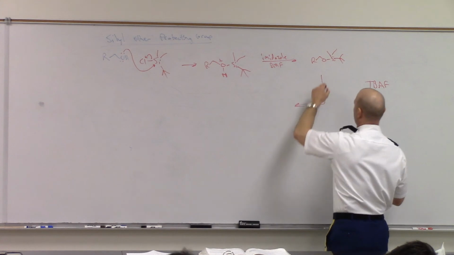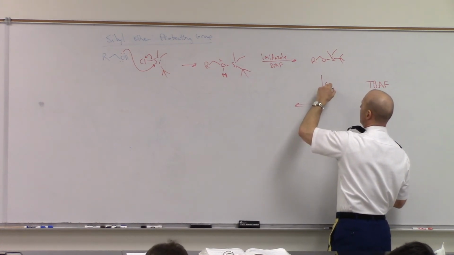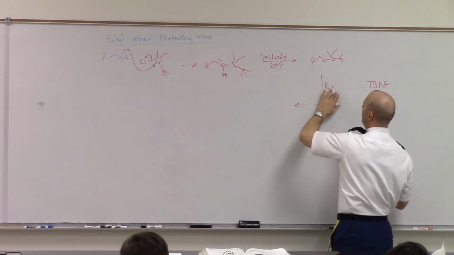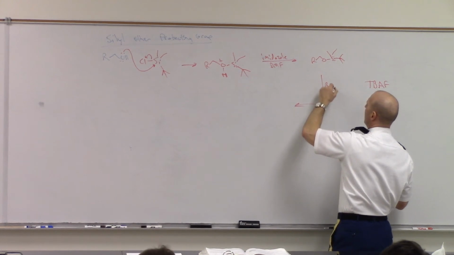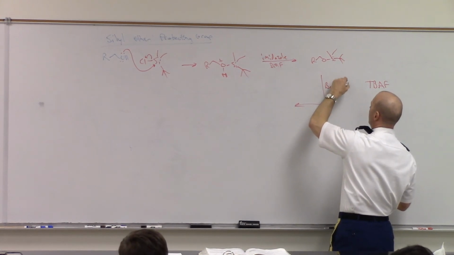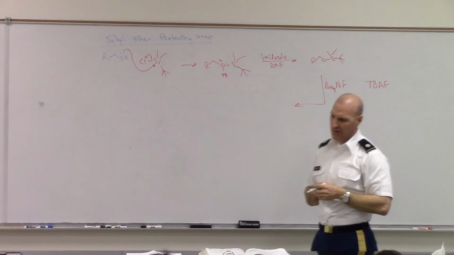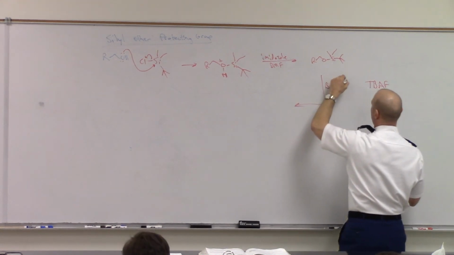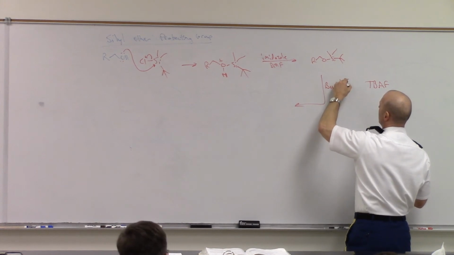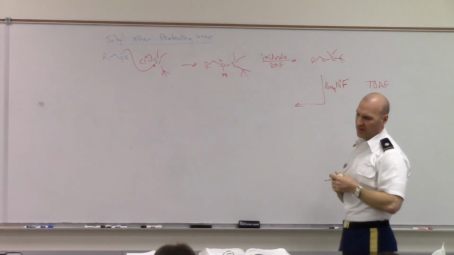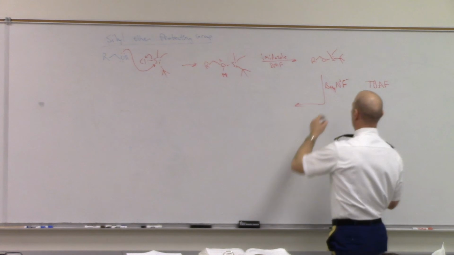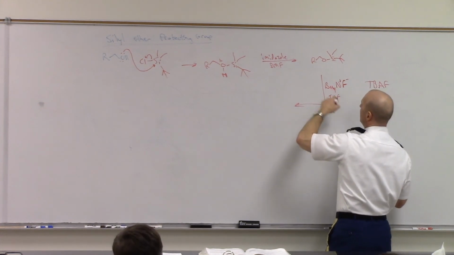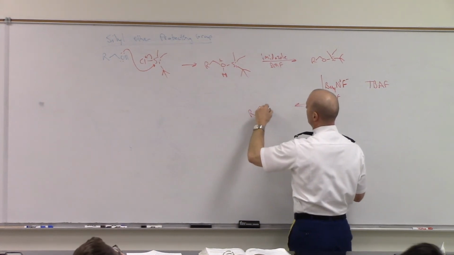What it looks like is Bu4N plus F minus. If you use TBAF, which is usually in THF, we get back to the alcohol.